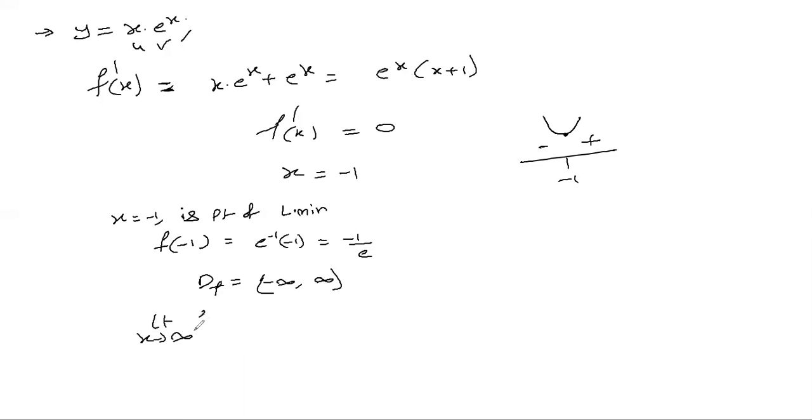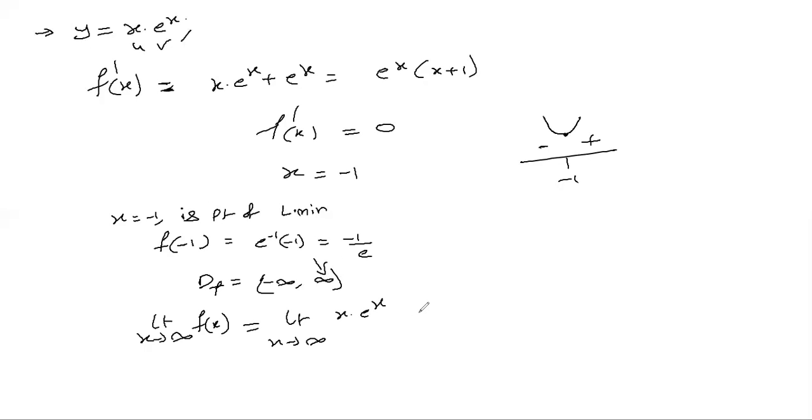infinity of f of x. If you identify approximately at infinity, how the function behaves, that we can identify. So at x tends to infinity, the functional value does not exist. So let us identify the limit as x tends to infinity of x into e power x.